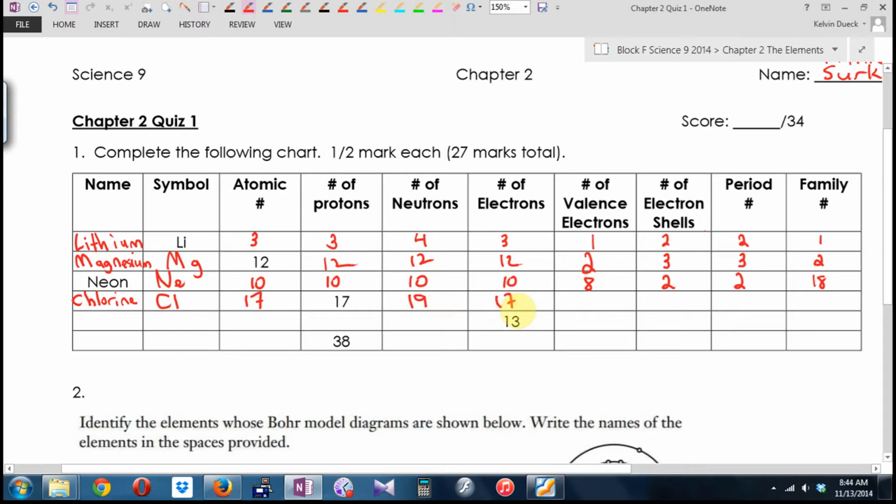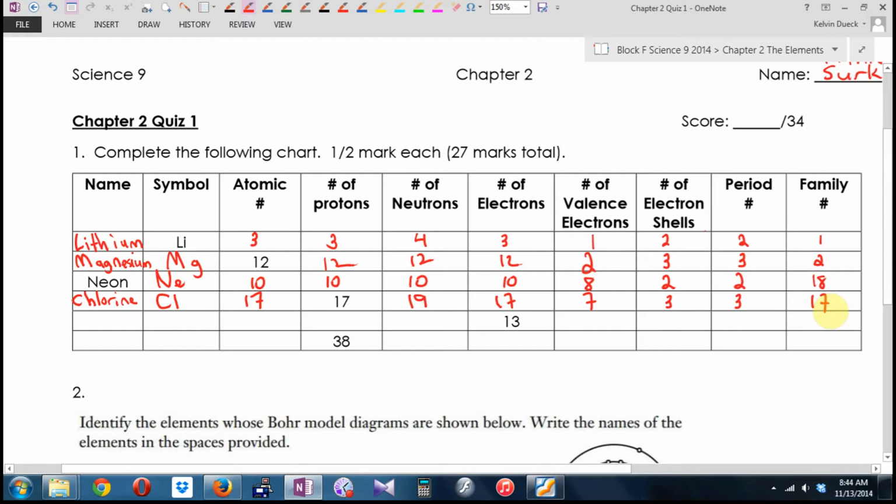How many valence electrons? 7. How many electron shells? 1, 2, 3. Because it's in period 3. And it's in family number 17, which has a special name, the halogens. The halogens.